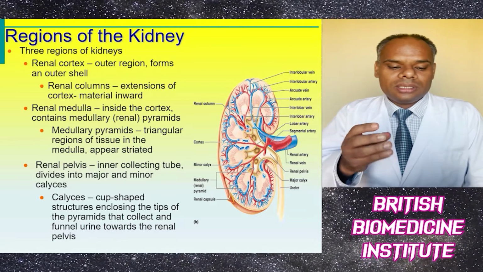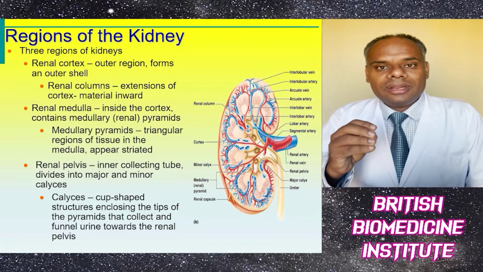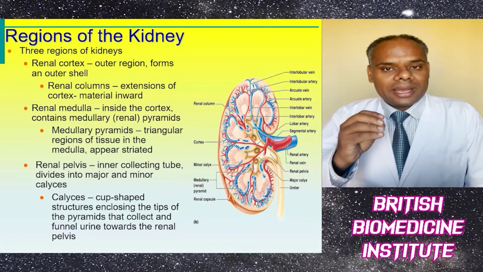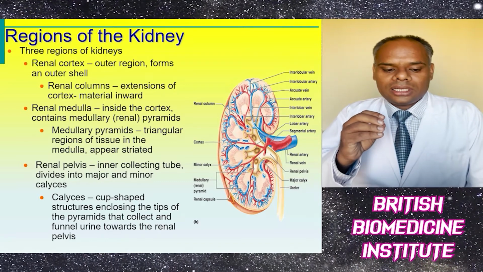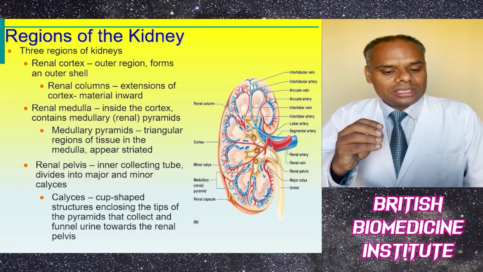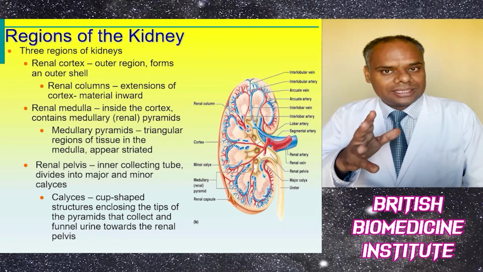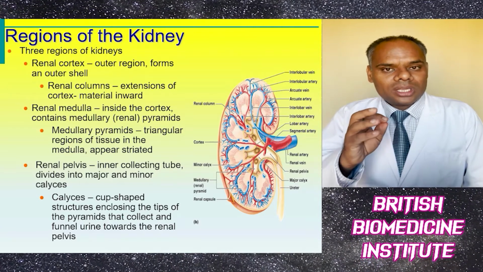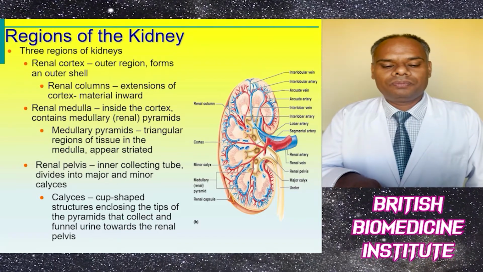Renal pelvis is the inner collecting area which is divided into major and minor calyces. Calyces are cup-shaped structures enclosing the tip of the pyramid that collect and funnel urine towards the renal pelvis.